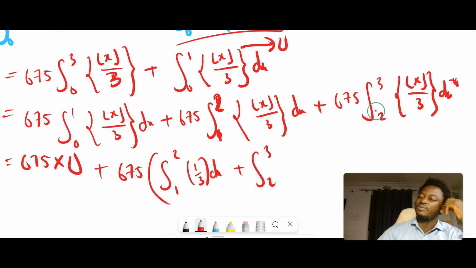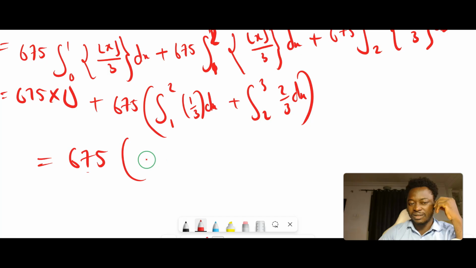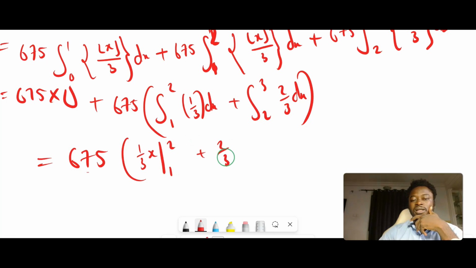Here the fractional part between 2 and 3, we already proved it is equal to 2/3, so you have 2/3 dx. Okay, so you have 675 times 1/3 x from 1 to 2 plus 2/3 x from 2 to 3.